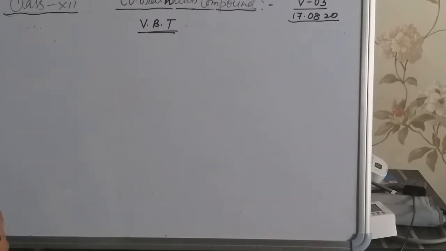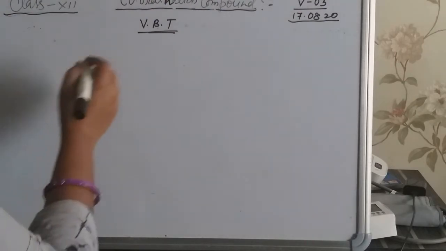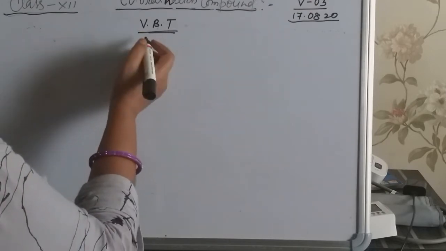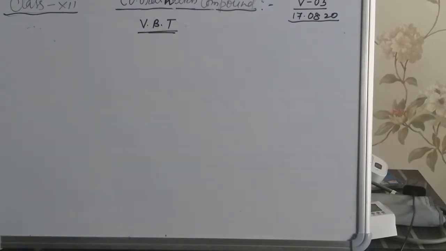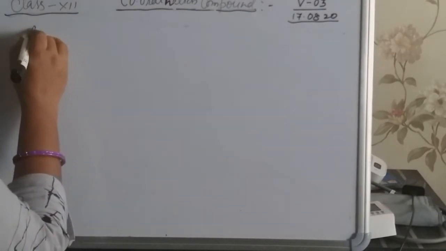At first we describe what valence bond theory is. Before we discuss the valence bond theory, at first we discuss the ligands, which are very important in this particular chapter. So, students, before we discuss the valence bond theory, at first we discuss the limitations of Werner's theory.